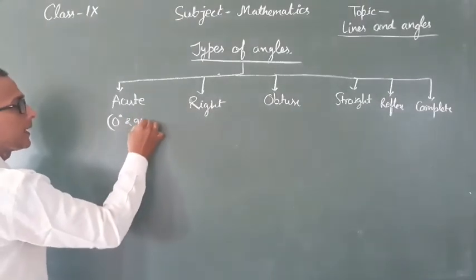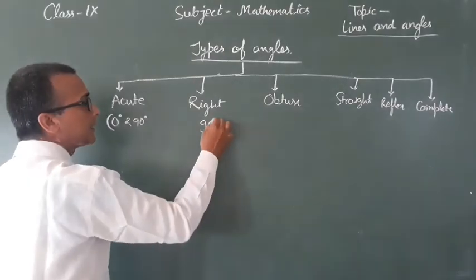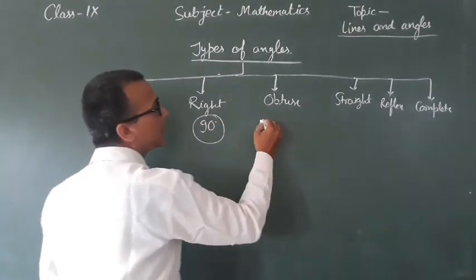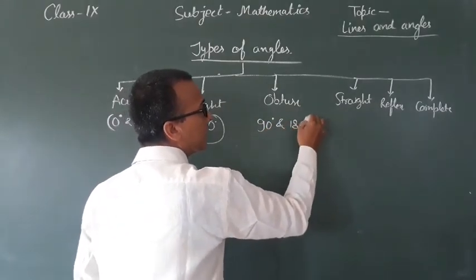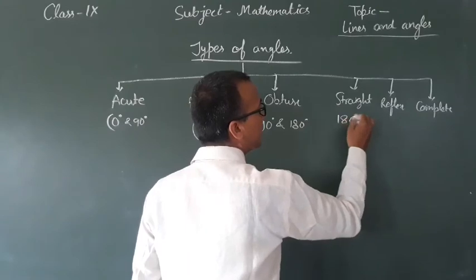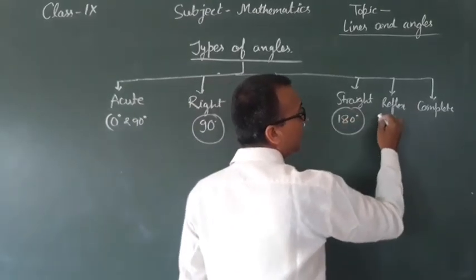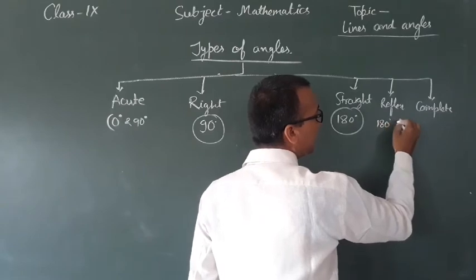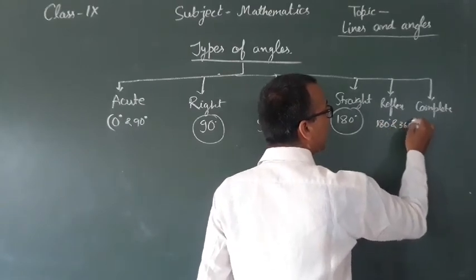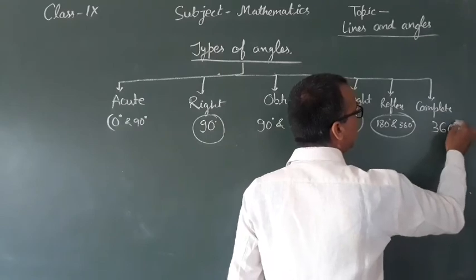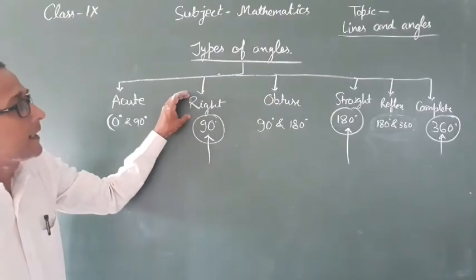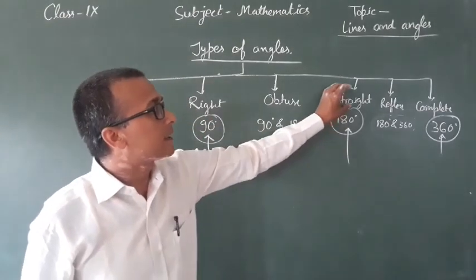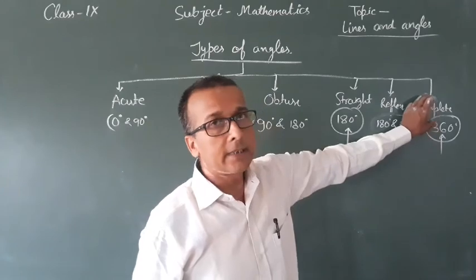Acute angle between 0 degrees and 90 degrees, right angle exactly 90 degrees, obtuse angle greater than 90 and less than 180 degrees, straight angle exactly 180 degrees, reflex angle more than 180 and less than 360, complete angle exactly 360 degrees. 90 degrees means right angle, 180 degrees means straight angle, and 360 degrees means complete angle.